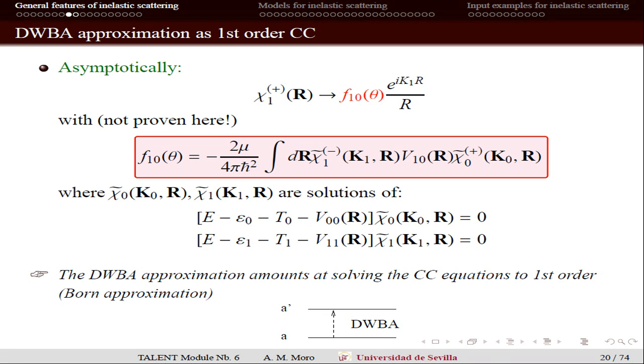So in this DWBA approach, the elastic scattering is not affected at all by the solution of the inelastic scattering, because we have solved this independently. But instead of using this transition potential in V00, we can use some phenomenological interaction fit to reproduce the elastic data, and this is actually what one usually does, to use some effective potential.